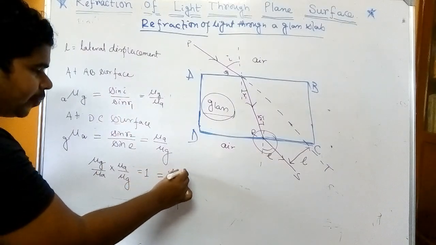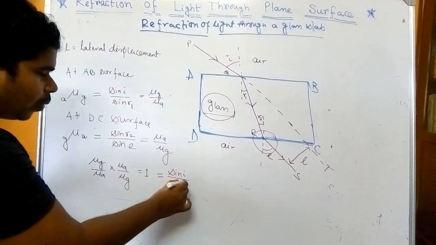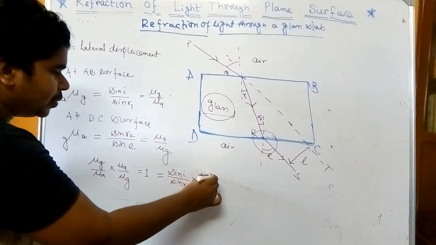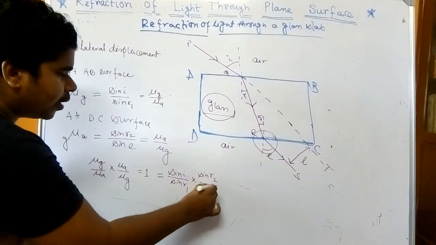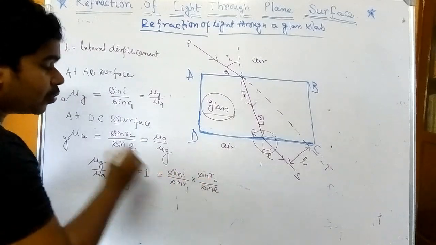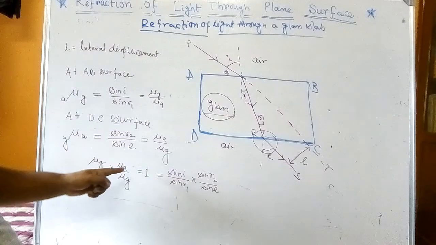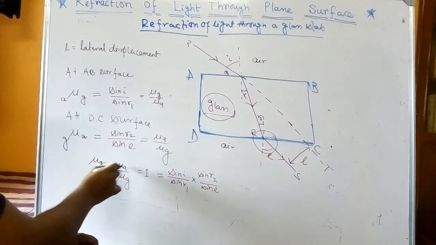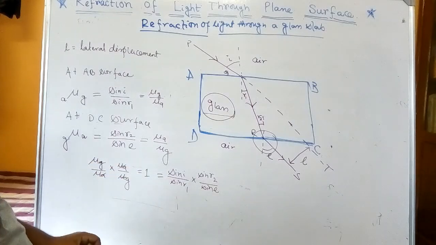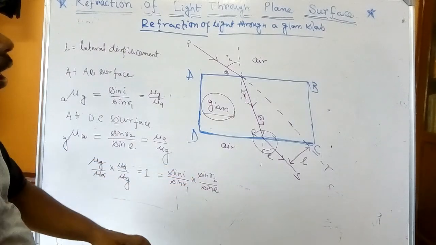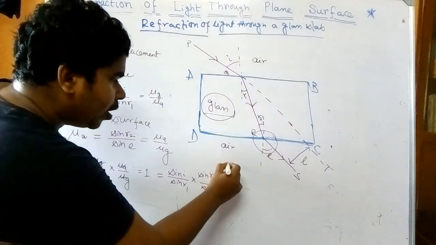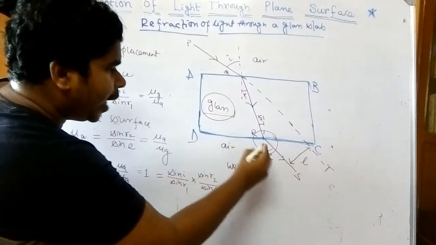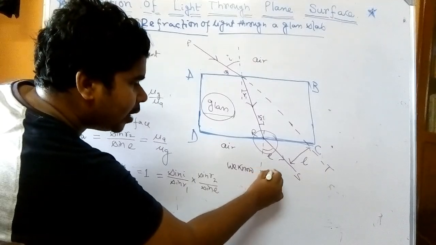Sine I by sine R1 into sine R2 by sine E is equal to 1, because we have done it earlier also: mu G by mu A into mu A by mu G cancels out, and that equals 1. Now coming to R1 and R2, what is that? We know that AB and CD are parallel to each other.